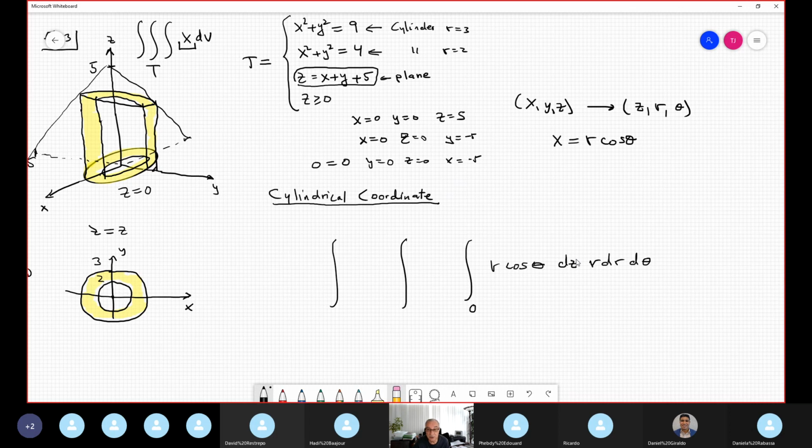No x, no y, yes, but now you change. The limit is r cosine theta, which is x, plus r sine theta, which is y, plus 5. And this is my z value. Okay?